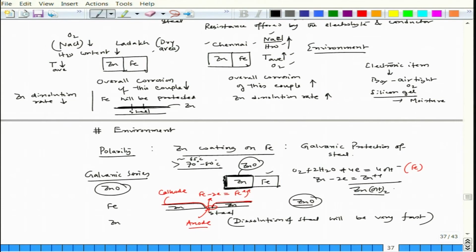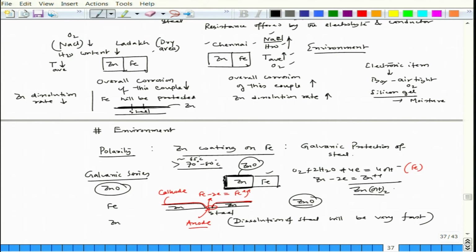So, that means we also have to be careful about the polarity change during operation. If something is used for cathodic protection of iron or any component, that component or metal should not form some oxides or hydroxides that act as a cathode to iron. Okay. So, that time the reverse situation would happen.